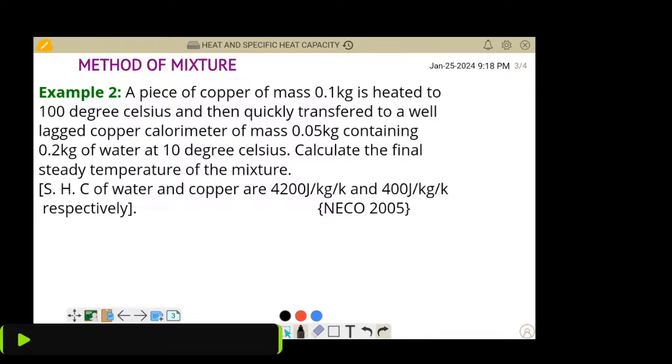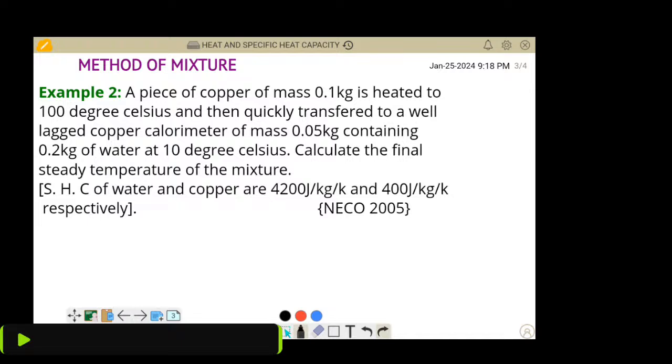You will agree with me that when you transfer a very hot object into a cold object and mix them together, according to the definition that I stated at the beginning of the class, heat energy is energy transfer from hot object to cold object, not a reverse. It will always move from hot object to cold object, which means the piece of copper will lose heat to the water.